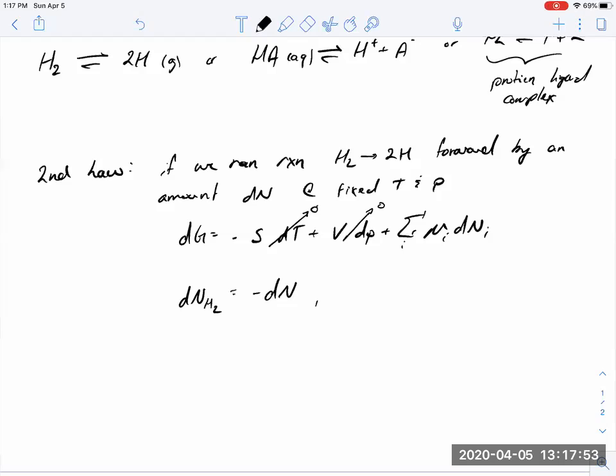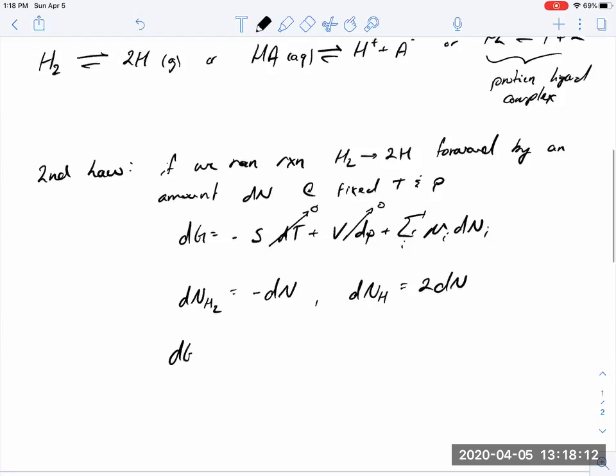And if I lose dN numbers of H2 molecules, then I will gain twice that in terms of the number of hydrogen atoms, because for every H2 molecule that dissociates, I get 2 hydrogen atoms.